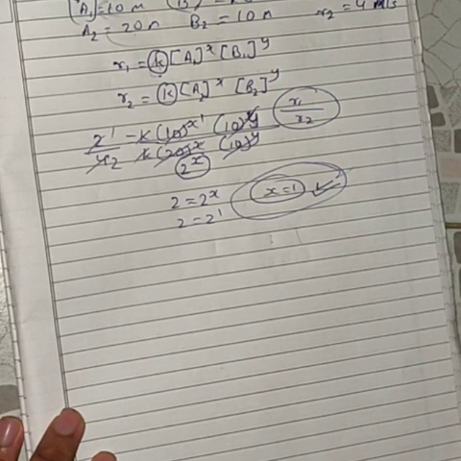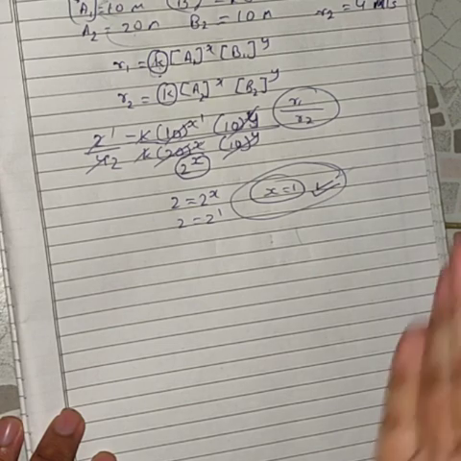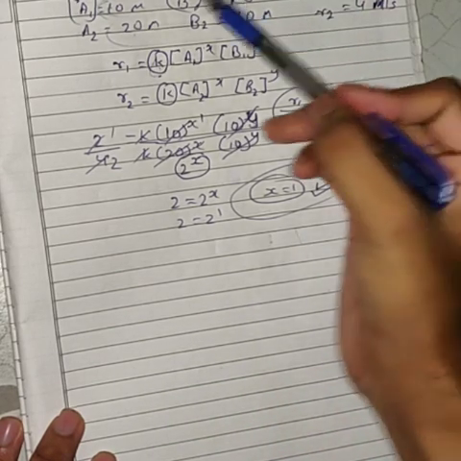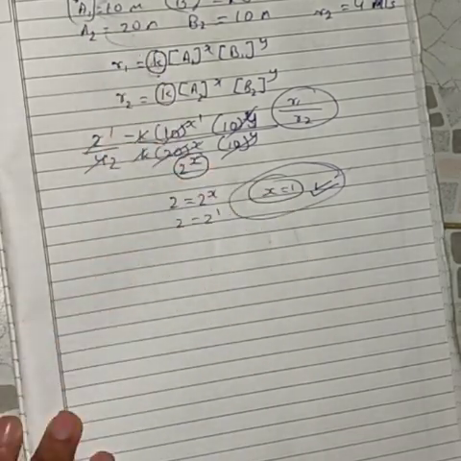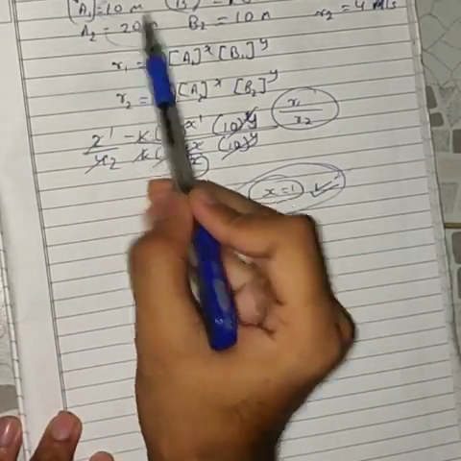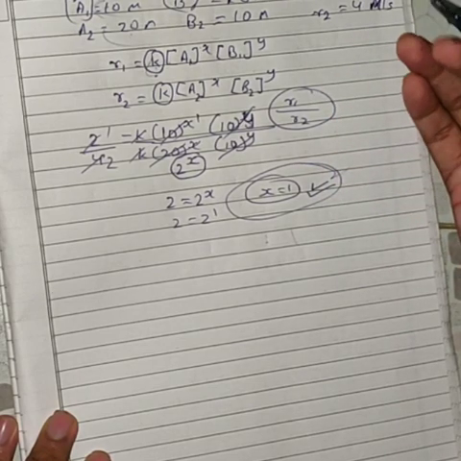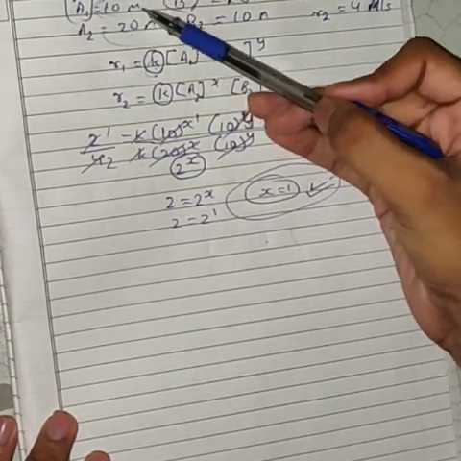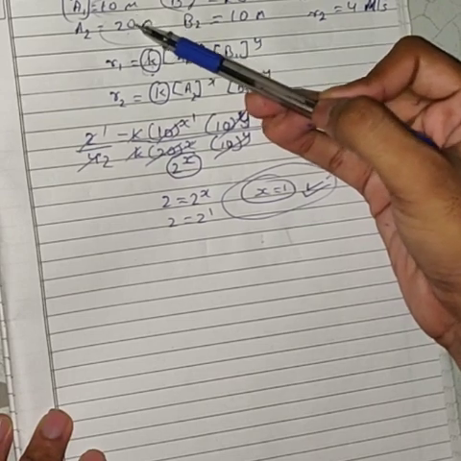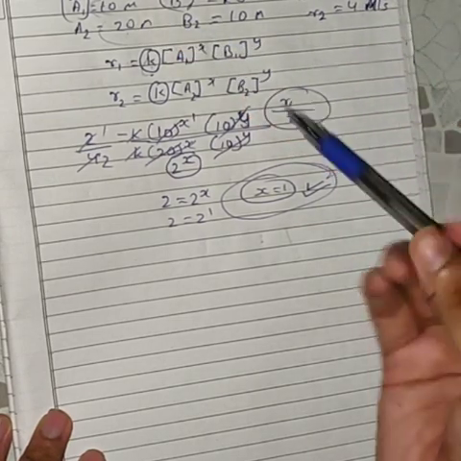Oh, this is too much English. In simple terms, what we can say is A change करने पे, A के concentration को change करने पे rate कितना change होगा. I know यहाँ पे if you see it is being doubled, the concentration of A doubles, the rate also doubles, so x will be 1.